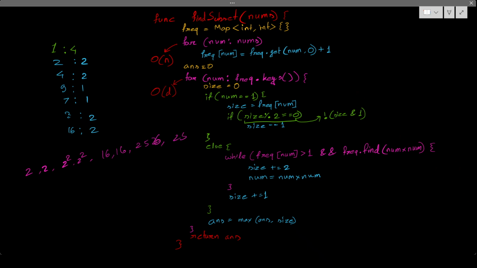This is how it can run, right? It's present twice and so on. So how many times is it running?